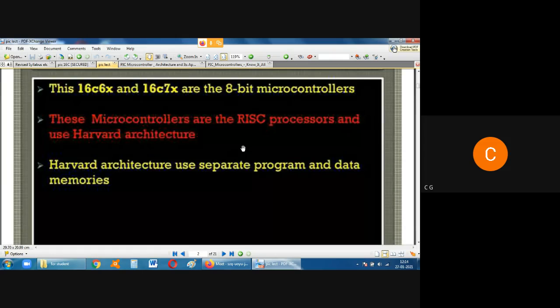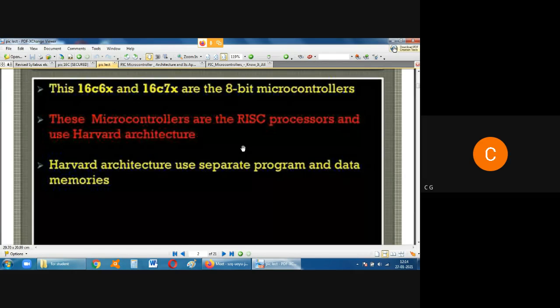In this case also, the software architecture was CISC in this 8051 and Atmel processor. But here it is RISC, reduced instruction set. So we have seen the basic 16C6X microcontroller, PIC microcontroller, is having only 35 instructions.